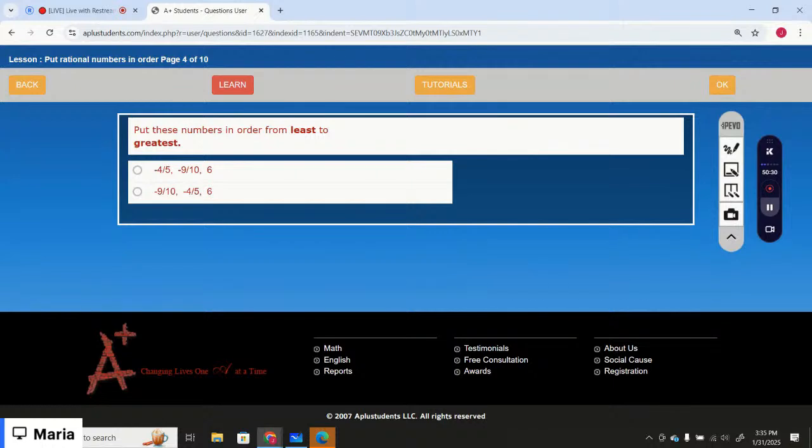Put these numbers in order from least to greatest.